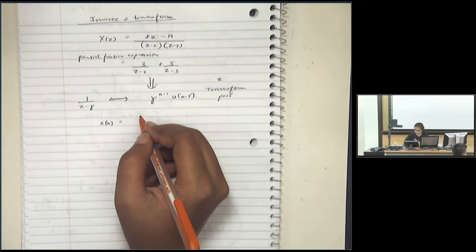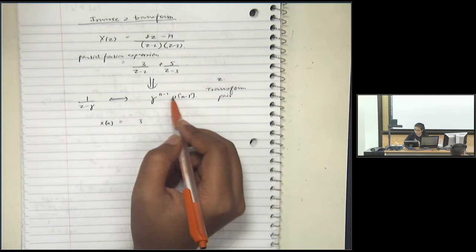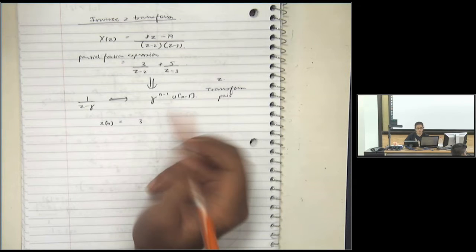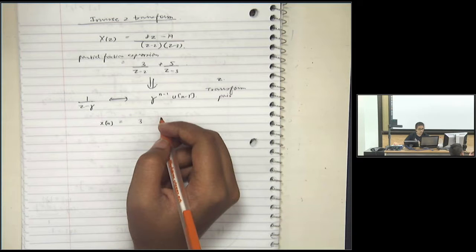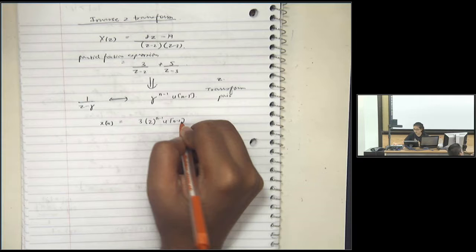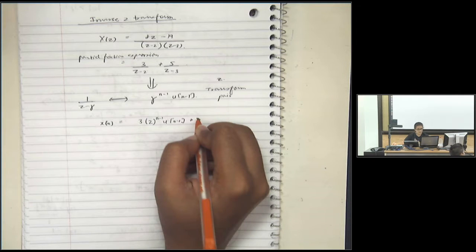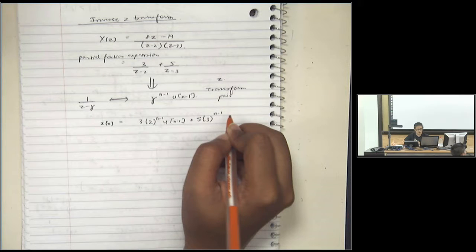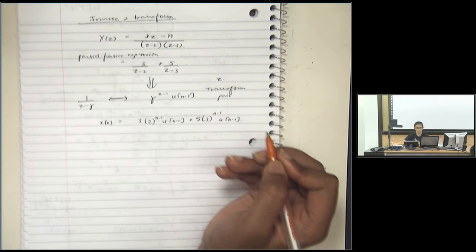Using this transform pair that I've just written, use this formula. So it's 3 times 2 raised to power n minus 1 u of n minus 1 plus 5 times 3 raised to power n minus 1 u of n minus 1.